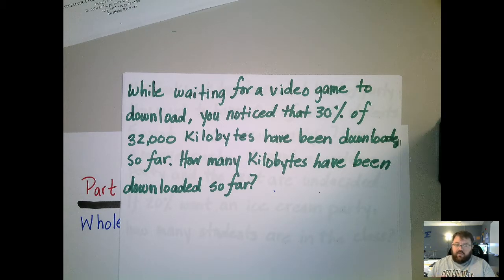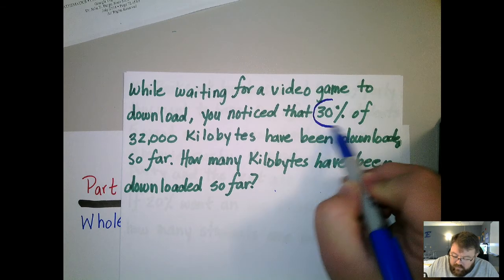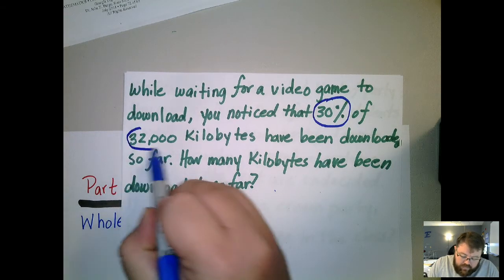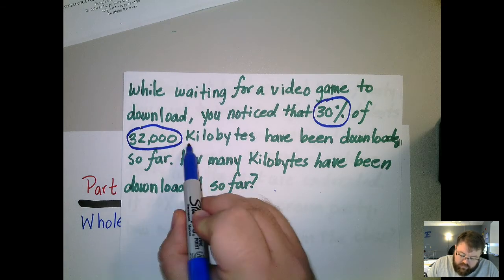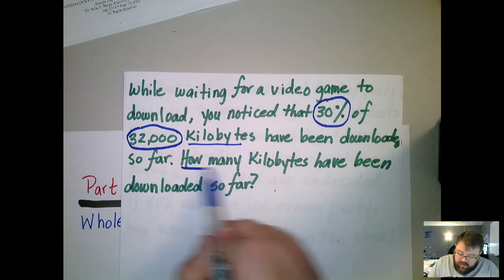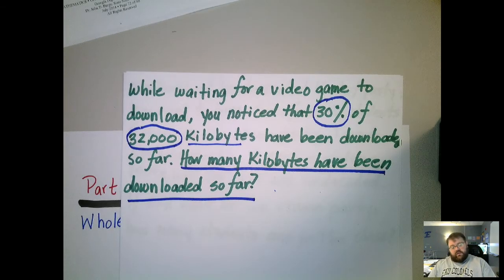I know you can't circle, but you can highlight. So I'm going to do 30%, 32,000. You should circle kilobytes with that. Underline your question. How many kilobytes have been downloaded so far?